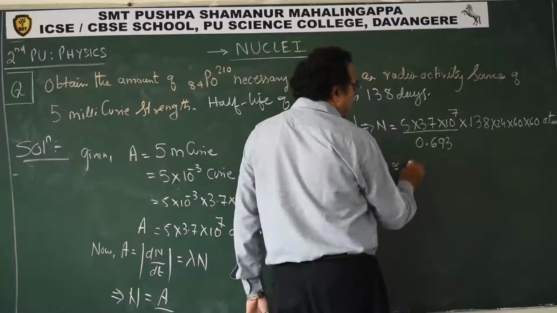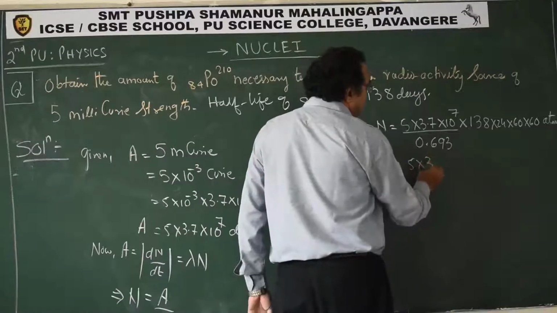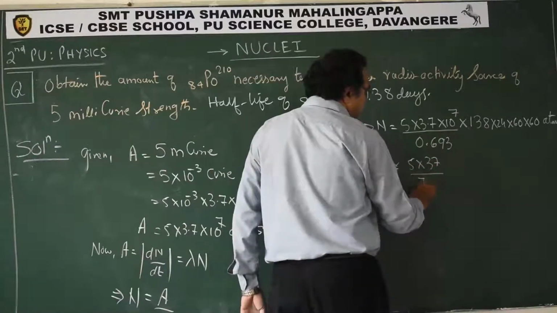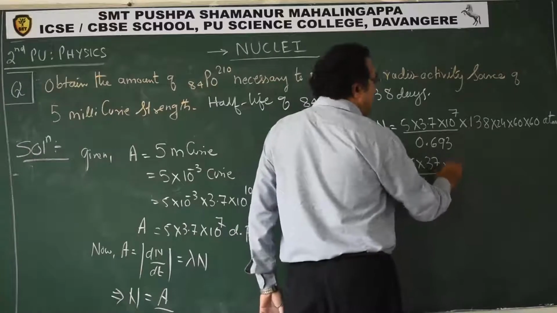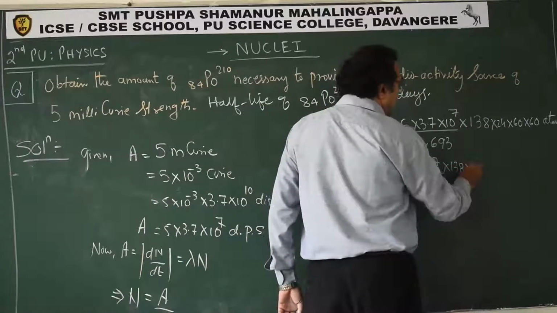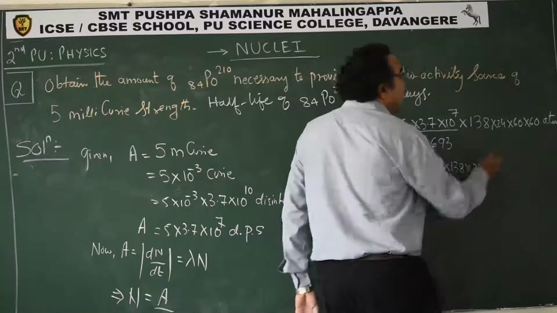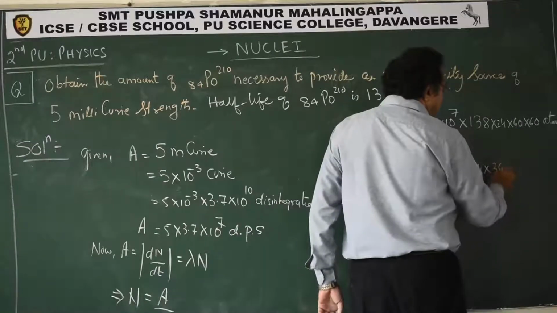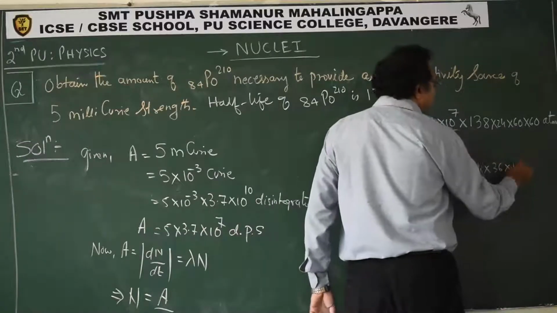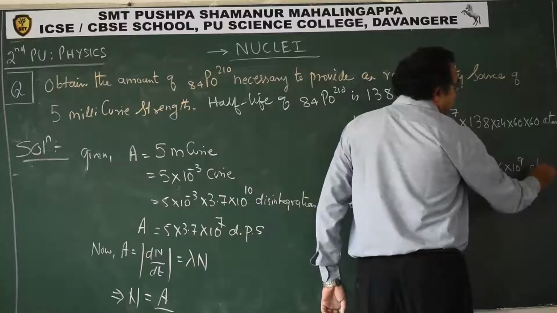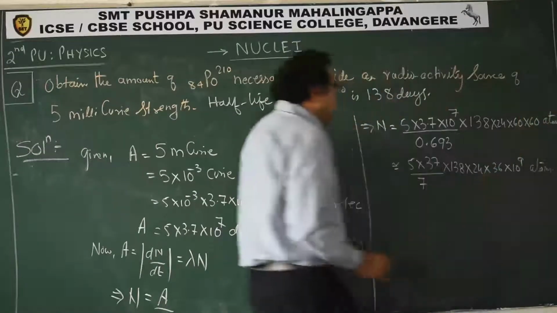So I will approximate it: 5 into 37 into 10 power 7 upon 138 into 24 into 36 into 10 power 2, atoms.